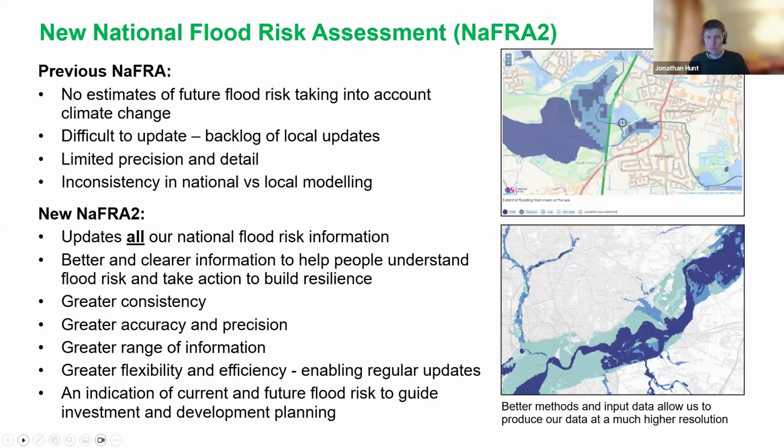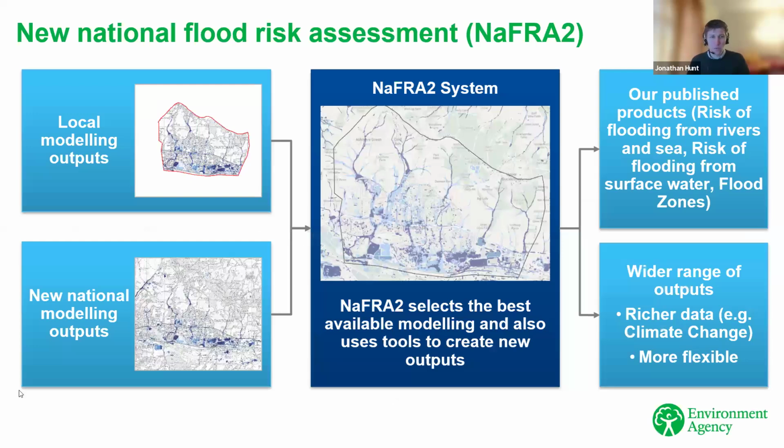So the next slide covers what the NaFRA2 system is as a whole. As I've said, NaFRA2 itself isn't a data set or a map, but it's a system that combines our growing stock of high quality local flood risk models with our best ever national flood risk modelling. So the system then creates a set of flood risk products, picking the best available combination of data for each.